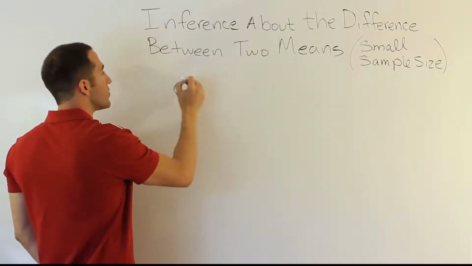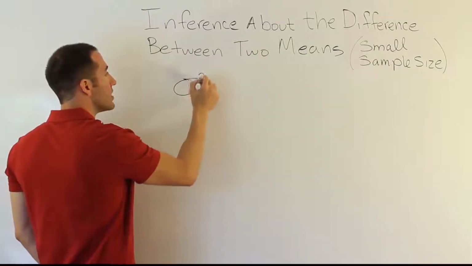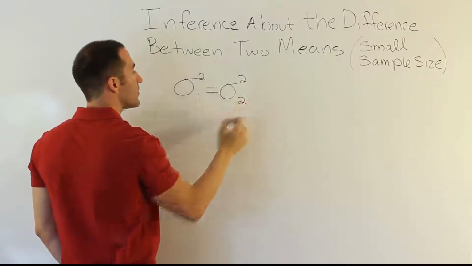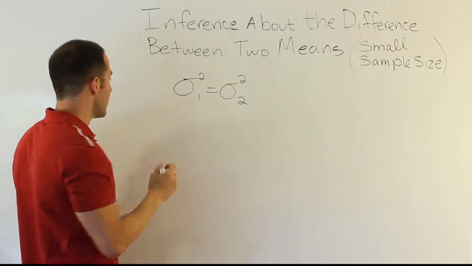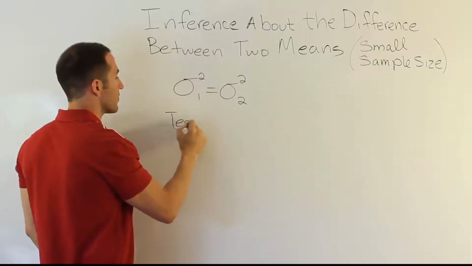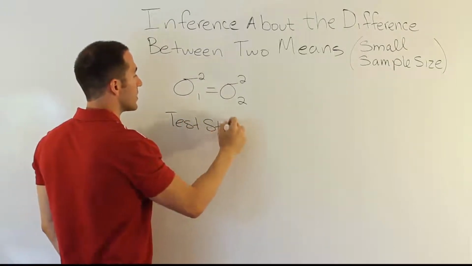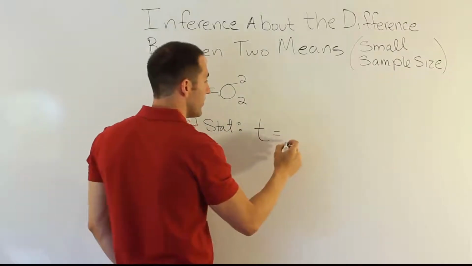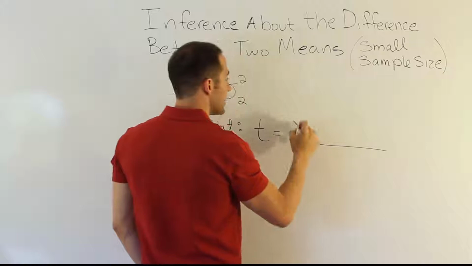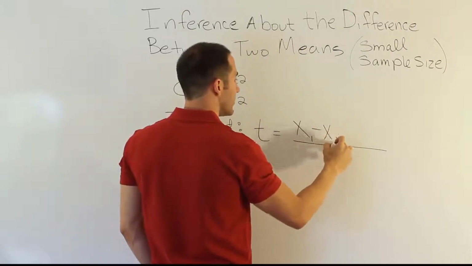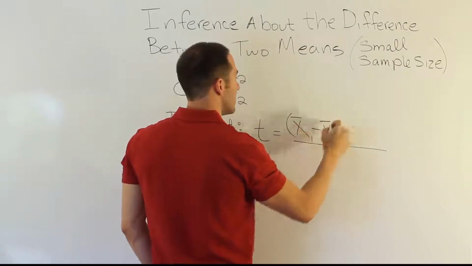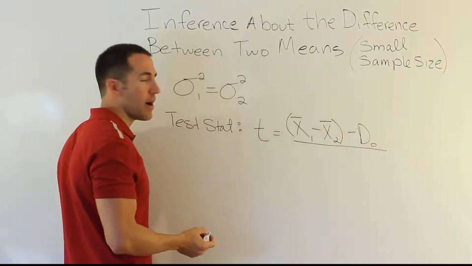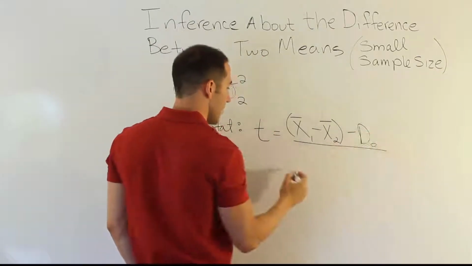Scenario 1 is where the standard deviations, or the population variances, I should say, are assumed to be the same. If that's the case, then your test stat formula basically turns out to be t equals x bar 1 minus x bar 2 minus d naught, the difference you find in the null hypothesis, many times that's 0, right?